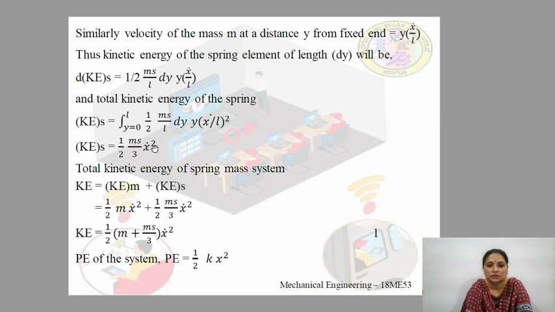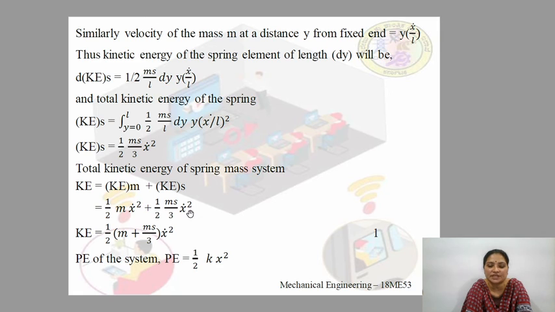Now, the total kinetic energy of the spring mass system is equal to the kinetic energy of the mass plus the kinetic energy of the spring. As we all know, the kinetic energy of the mass will be half m x dot square as discussed earlier, plus the kinetic energy of the spring as obtained now, 1 by 2 ms by 3 x dot square.